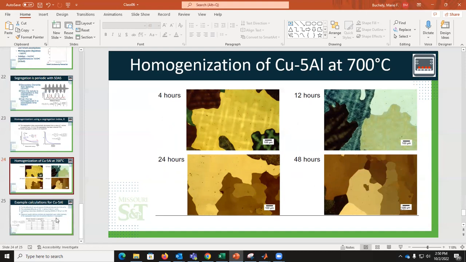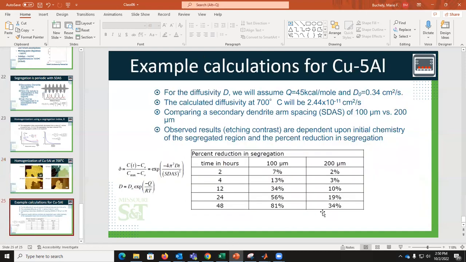We can quantify that using the index, and this is the example that we want to see, how to calculate it using MATLAB. It's based on that alloy I just showed you. First we need to calculate the diffusivity.